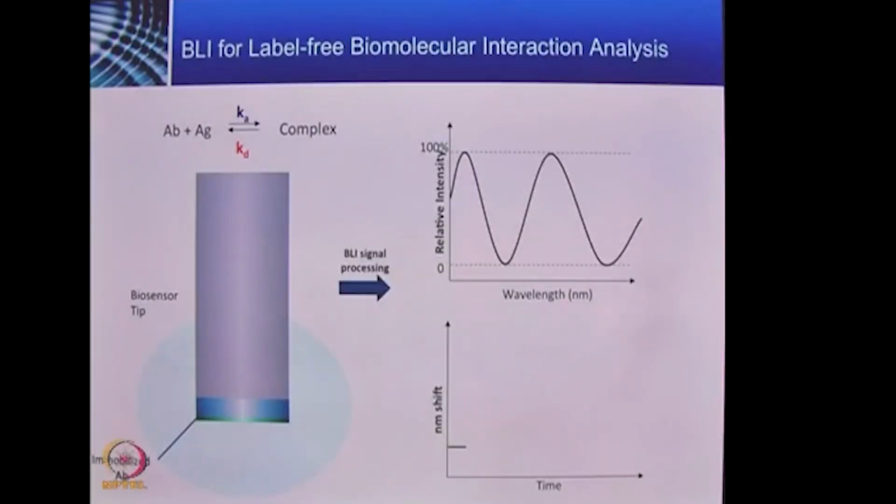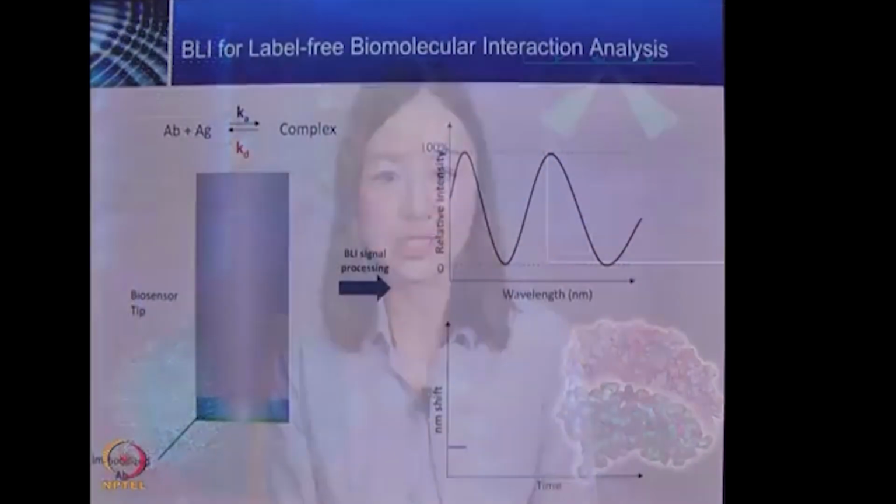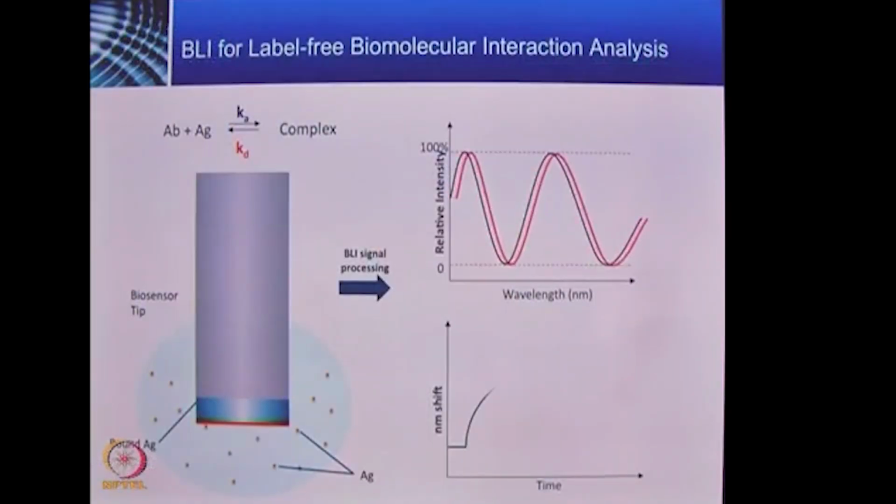If we have a biosensor which already has antibody immobilized on the very end, on the biomatrix, and we put this biosensor into a solution containing antigen, the antigen will bind to the biosensor and result in a shift of the wave pattern, which in turn generates the association curve between the antibody and antigen.